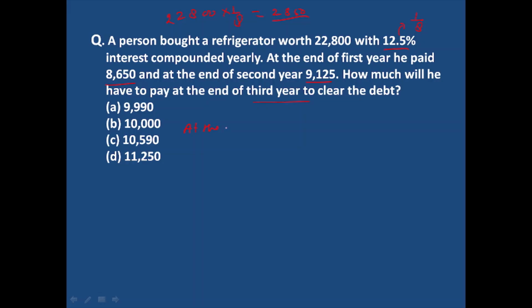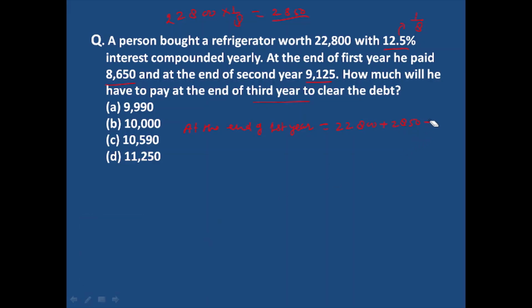So the amount payable at the end of first year will be 22,800 plus 2,850 rupees.